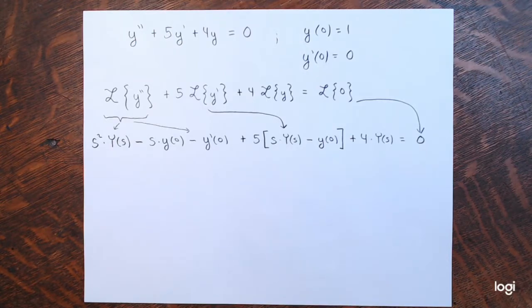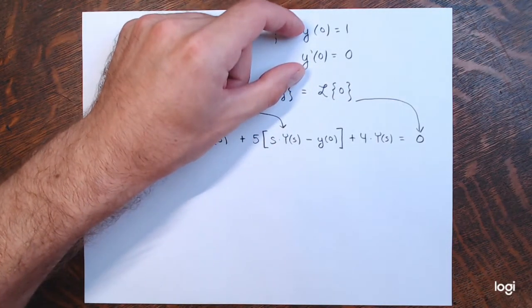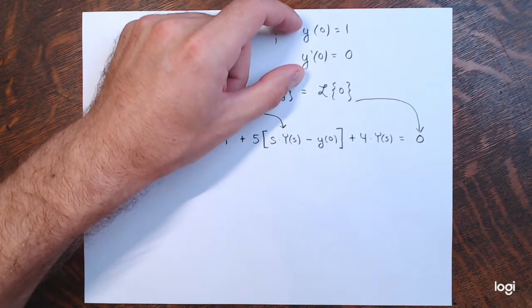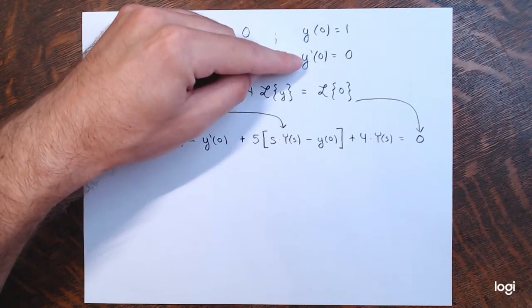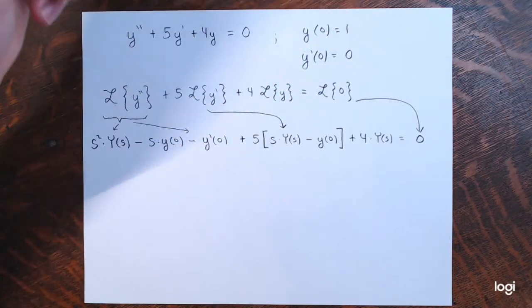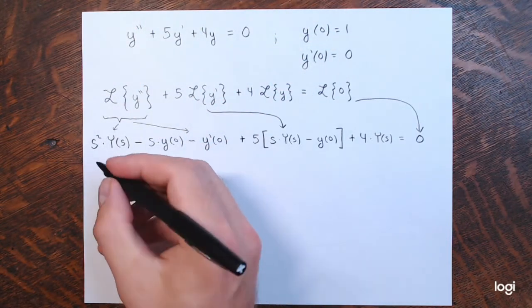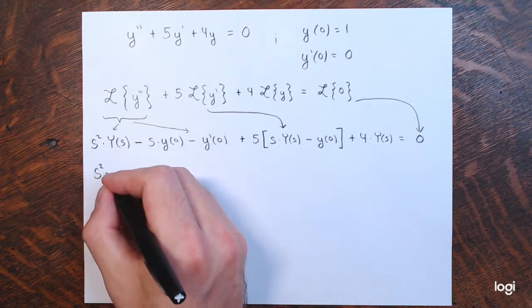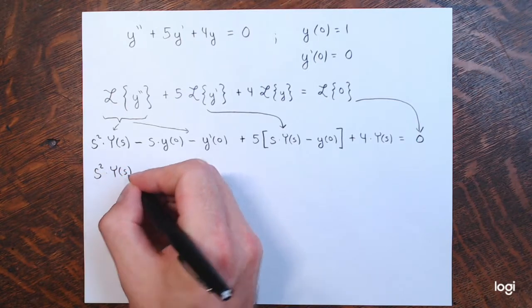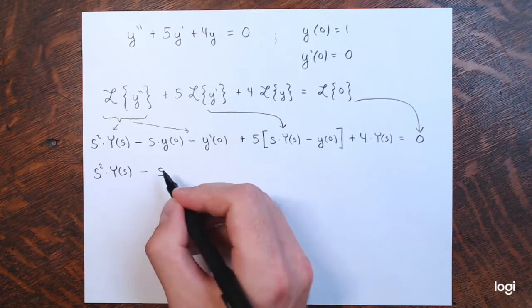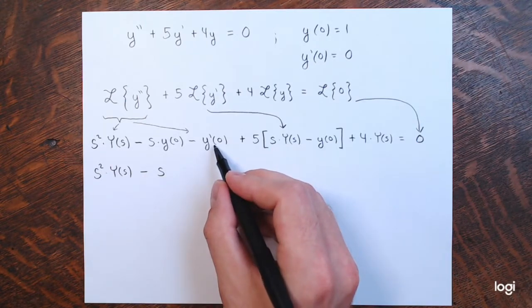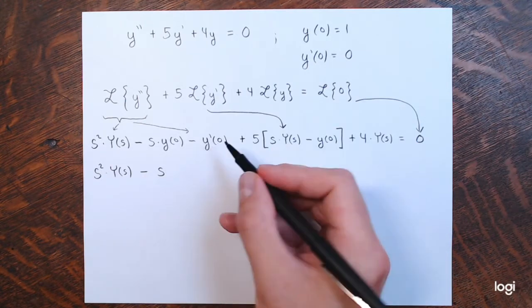Okay. Now I'm going to put in these conditions, and we'll simplify some things. y of 0 is 1, y prime of 0 is 0. So this is s squared times capital Y of s. Y of 0 is 1, so this is just minus s. Y prime of 0 is 0, so that's gone.